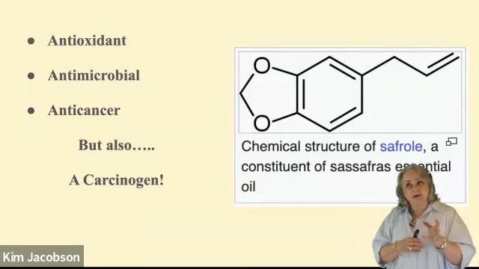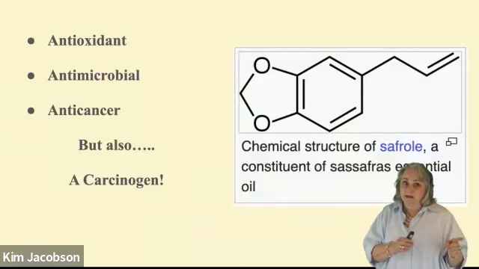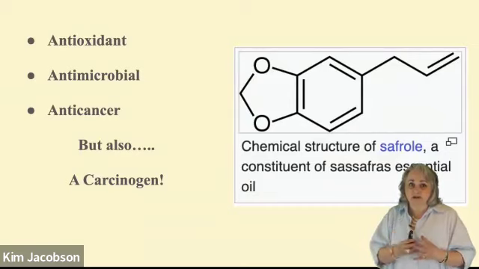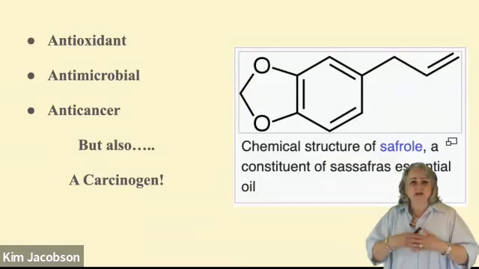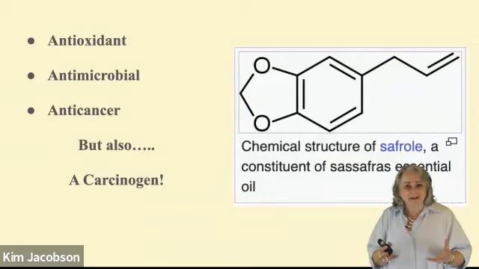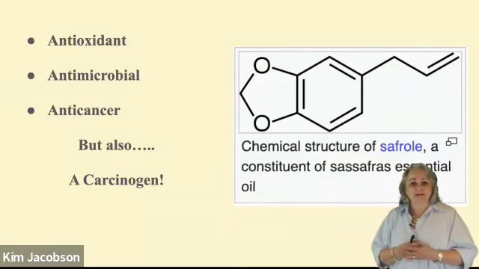I think it's important to remember, however, that what goes on in the laboratory does not necessarily occur in the human body as well, which I think you're probably all aware of. I mean, you can find antimicrobial effects for garlic, for example, in the laboratory, but you'd have to eat so much garlic that you would turn into a clove of garlic in order for it to be effective if you were using it as an antibiotic.